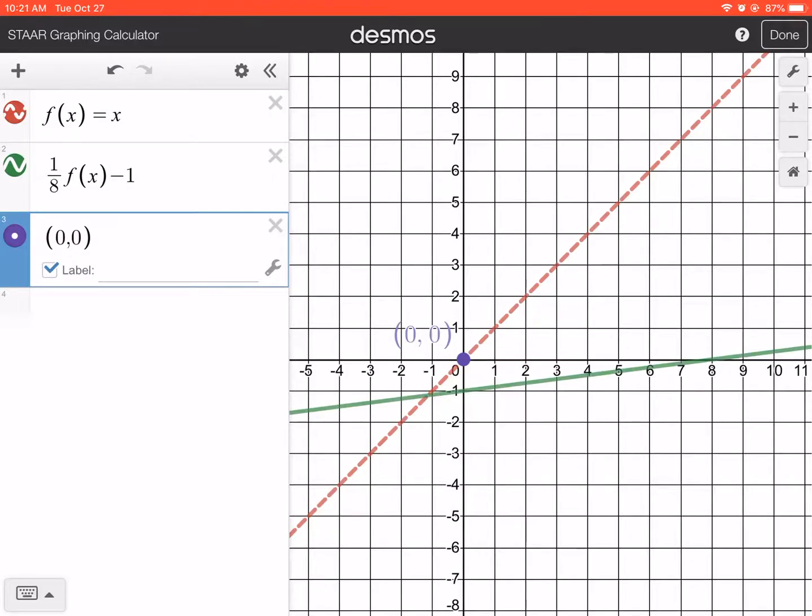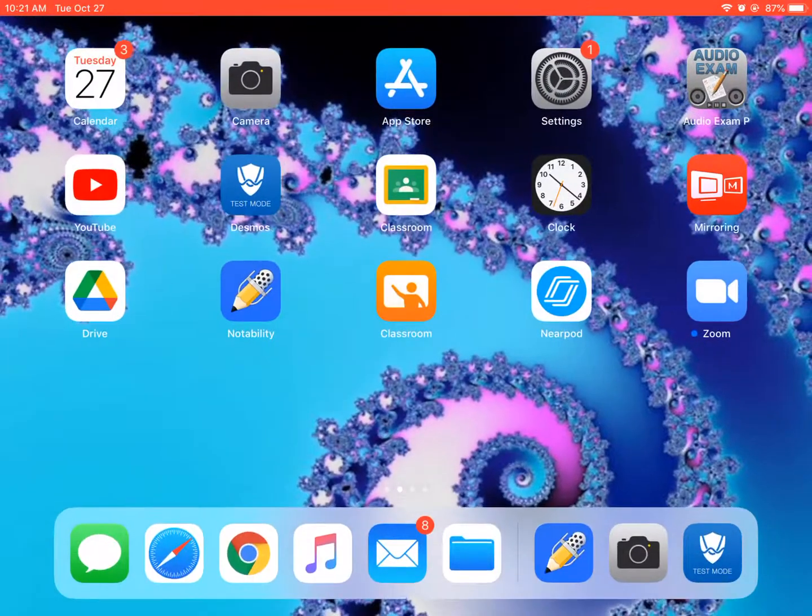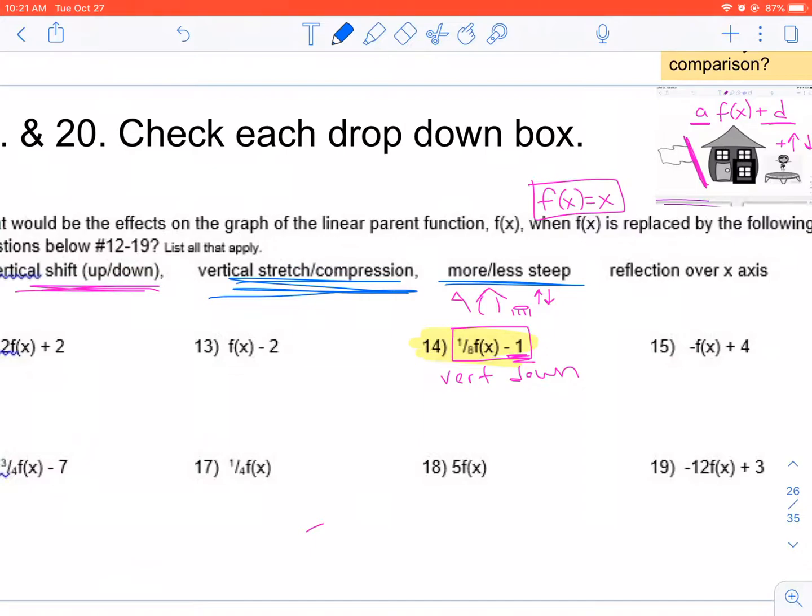So is the green line going to be more steep or more flat? And the answer is that it is getting closer to being a flat line. So whenever we go look at our notability here, we want the one that is less steep. Ooh, there we go, less steep. All right, because it went from a line that went like this to now one that goes like this. And the green line is the new line that we're talking about.